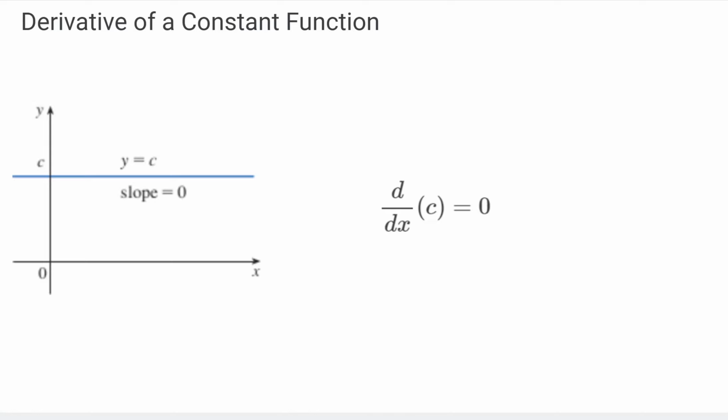It's 0. It's a horizontal line. So the derivative of a constant is the same thing as saying the slope, which in this case would be 0. That's true for any constant. So the derivative of any constant is just 0.